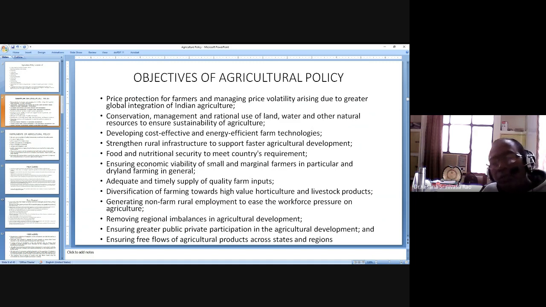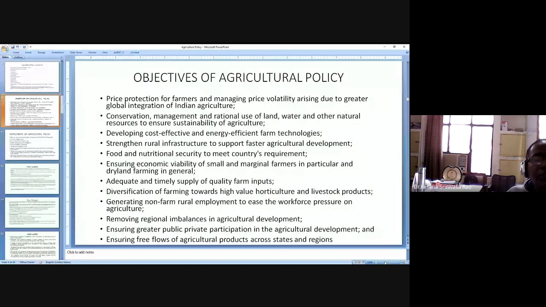The climatic conditions and the environmental conditions play a major role, apart from the other factors which we have seen earlier: land, labor, capital, irrigation and all the facilities. Apart from those, these two components are also very important.